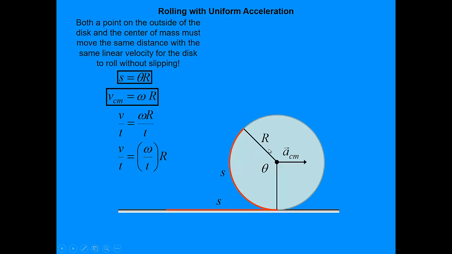This side is the acceleration of the center of mass. And over here we have omega over time, the angular velocity over time, which is going to be the angular acceleration. Right? So the linear acceleration of the center of mass of a perfectly rolling object is equal to the angular acceleration times the radius.